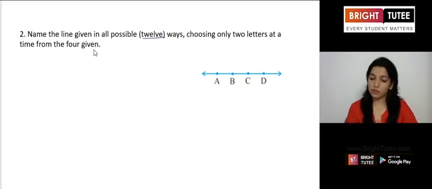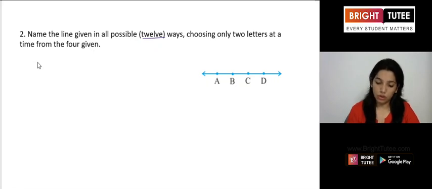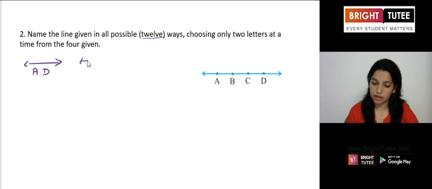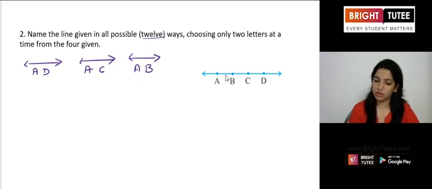Let us see how we can do this. Starting with the longest line, line AD. Now, I can also write line AC. Similarly, I can write line AB. So AD, AC, AB. These are done.